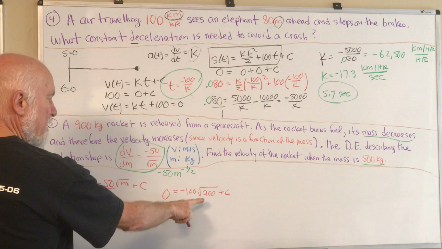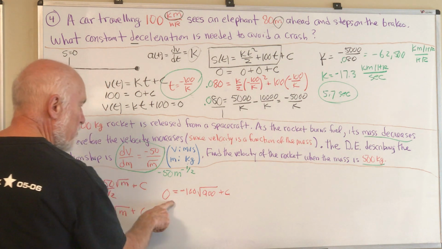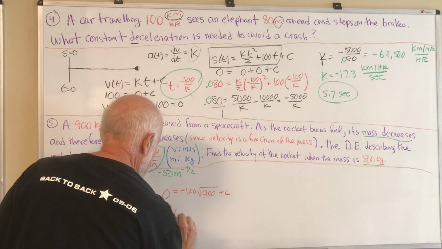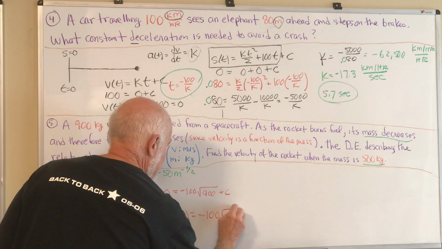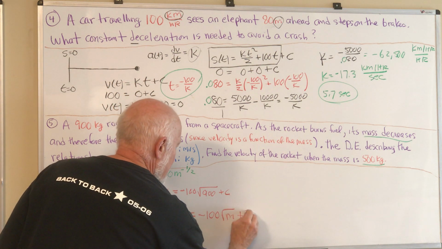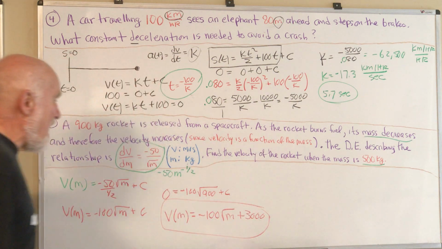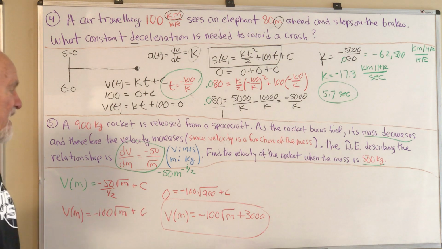So we get minus 3,000 plus c equals 0, so c must be 3,000. What have we done? We've solved that differential equation, and now we have the velocity given as a function of mass whatever the mass happens to be.